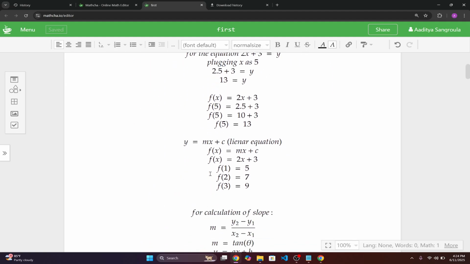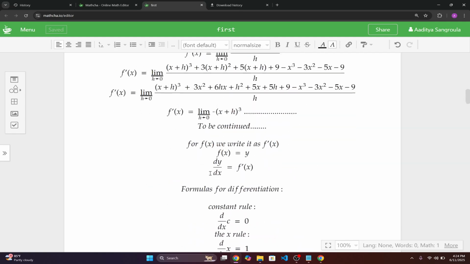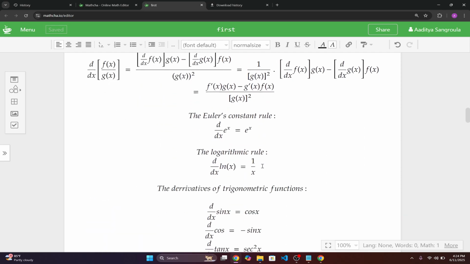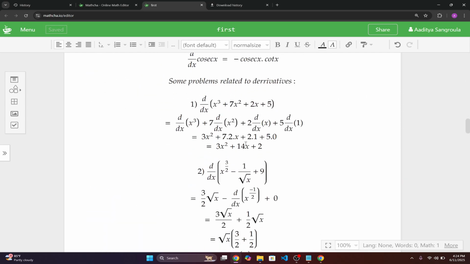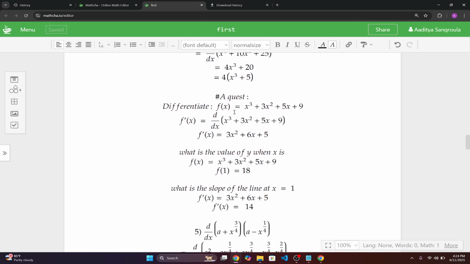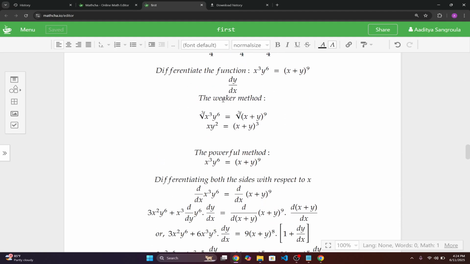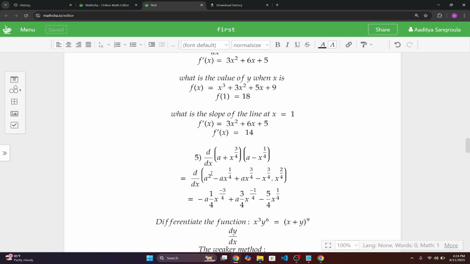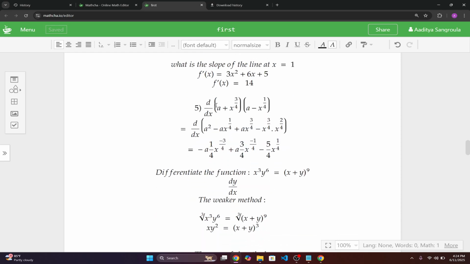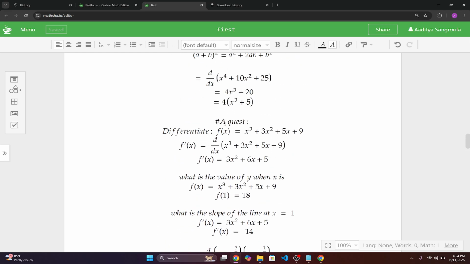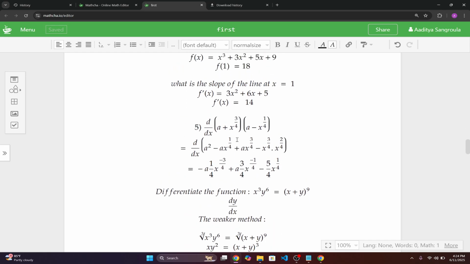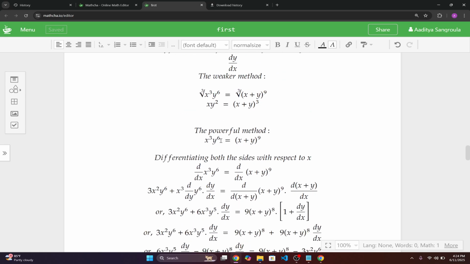So these are just some functions, and these are just some concepts. These are just some rules and formulas. This is the first question. Second question. Okay, it's up to fifth question here. Alright, up to fifth. And then this is the sixth question. And seventh question here.